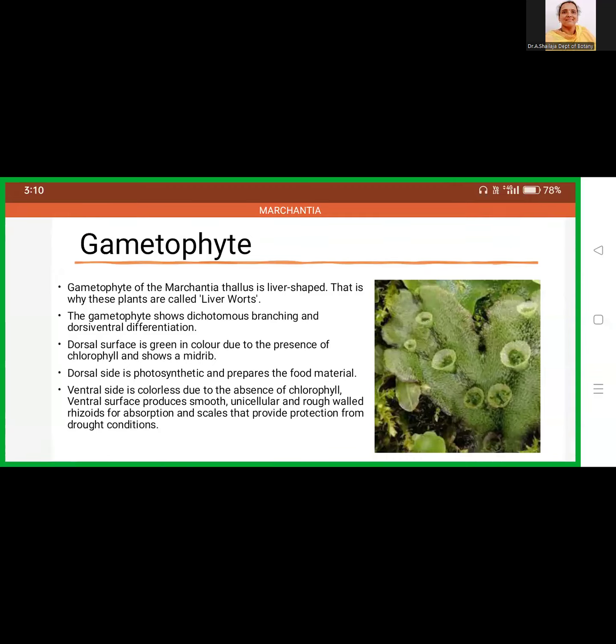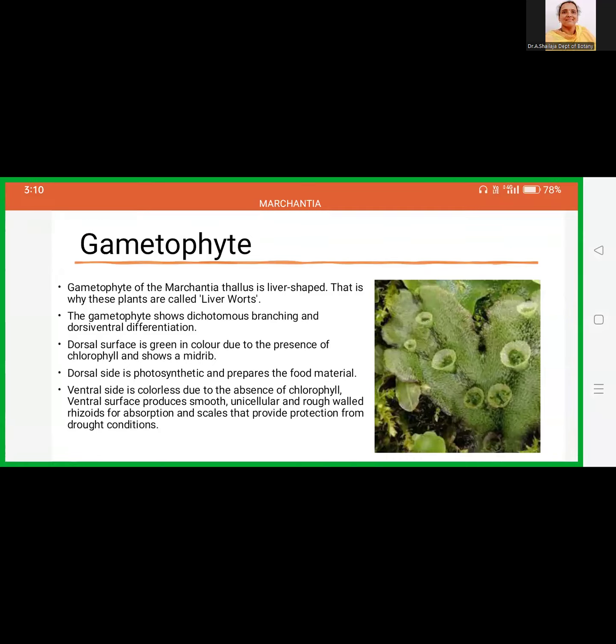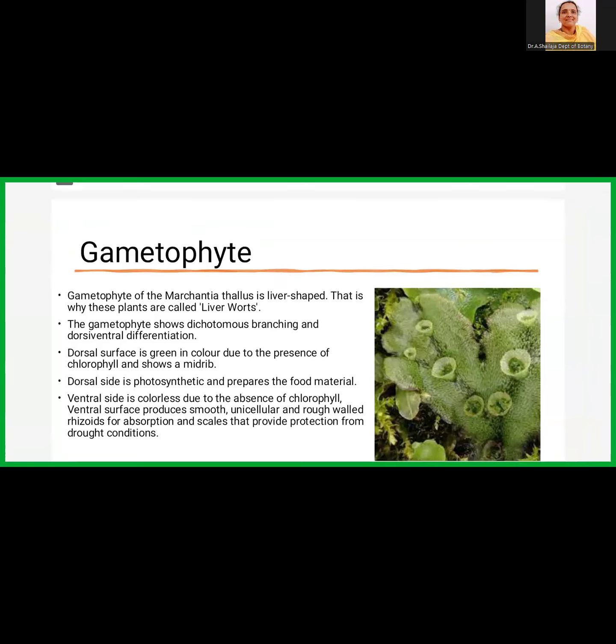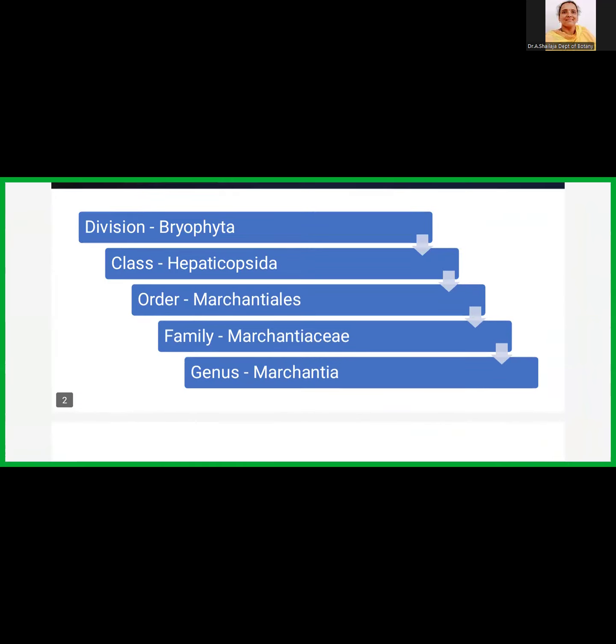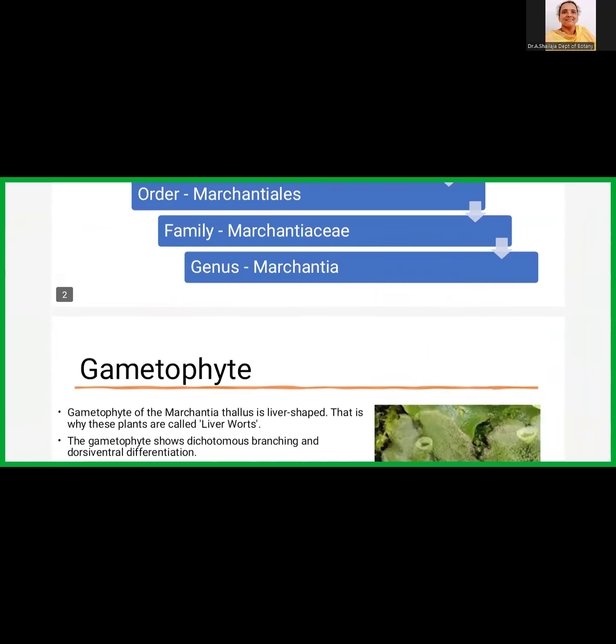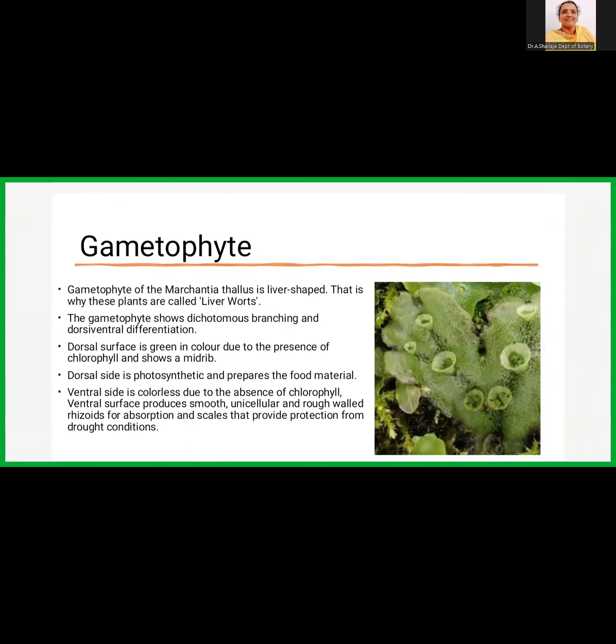So this Marchantia belongs to division Bryophyta, class Hepaticopsida, order Marchantiales, family Marchantiaceae, genus Marchantia. Gametophyte, habit and distribution. The genus Marchantia consists of 65 species distributed all over the world.